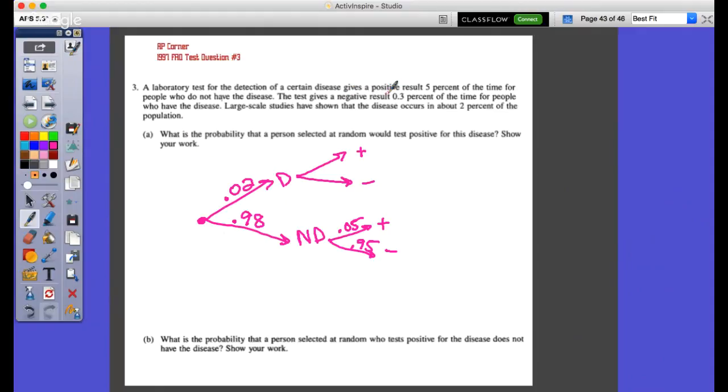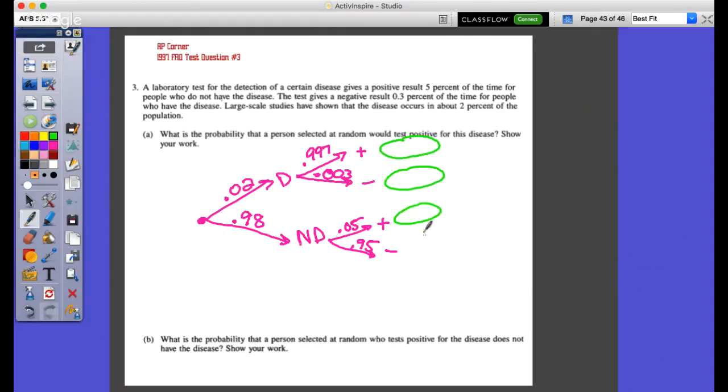The test gives a negative result for people who have the disease, so I have the disease, yet they give a negative result 0.3% of the time, or 0.003. You move the decimal twice, so this would be 0.003, and then this would be 0.997 up here.